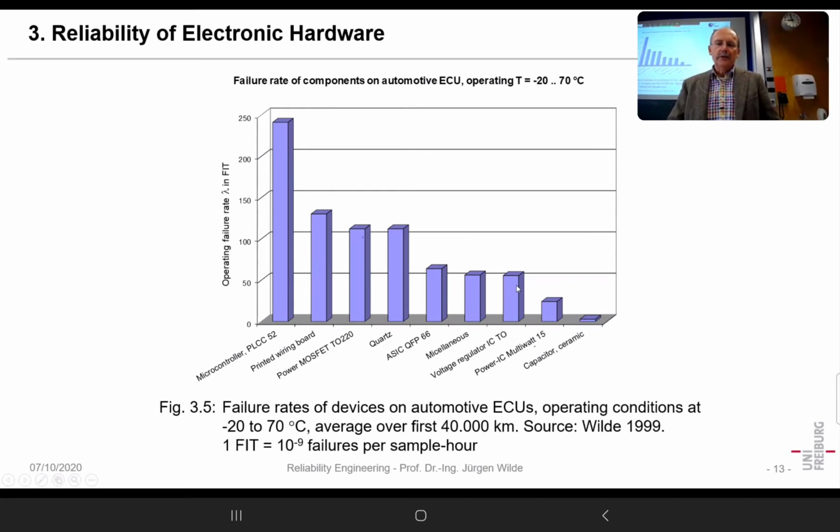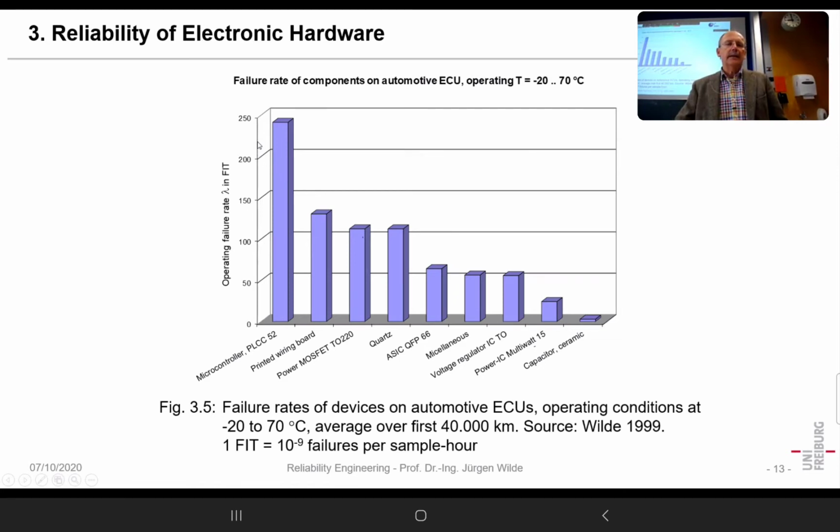We have a voltage regulator, also a TO device, that does a complete voltage regulation, so keeping at 12 volts for the whole thing. And then we have a multiwatt, which is something like a power semiconductor ASIC, you could say. So it has many transistors in it, and we have capacitors.